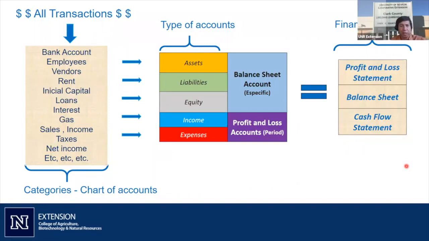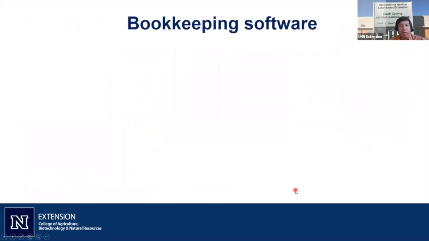All transactions go into categories. Categories belong to a type of account, which we can generate into financial reports. Okay, so this is the bookkeeping process.